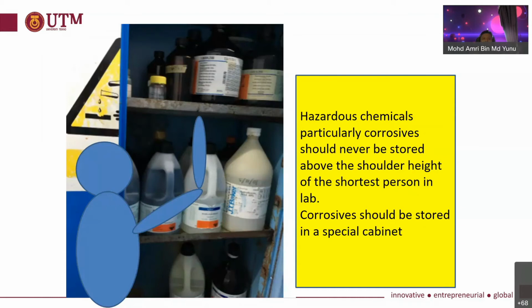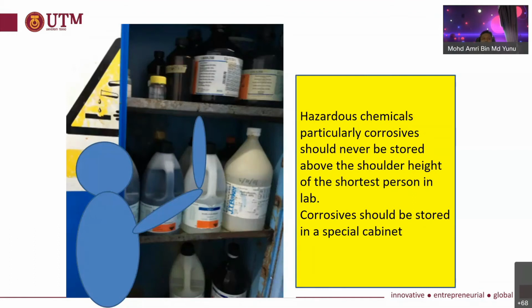So if you need to use high storage, don't put hazardous or corrosive chemicals on the top. You don't want that when you try to take it down, it could spill on your body, for instance.